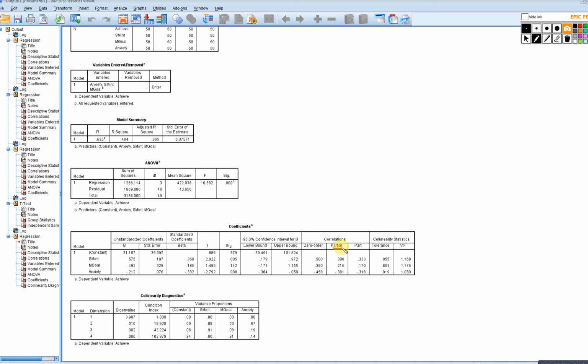Sometimes that's not what happens. Sometimes it can be the case where the relationship between your predictor variable and achievement, for instance, actually bumps up with the partial correlation and becomes either more positive or more negative, or the sign changes. The same would go with part.